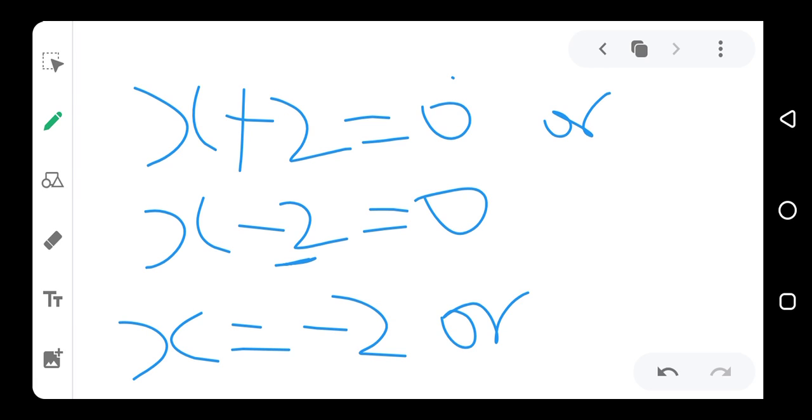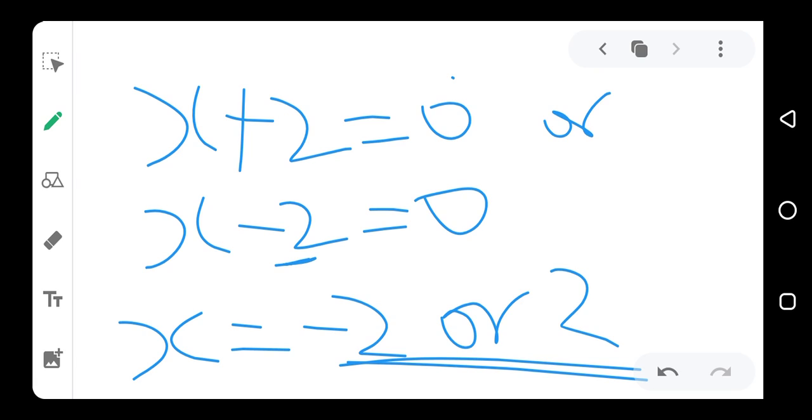So x is equal to plus 2. So these are the values of x for which the fraction given there is undefined. That is when x is equal to minus 2 or when x is equal to plus 2.